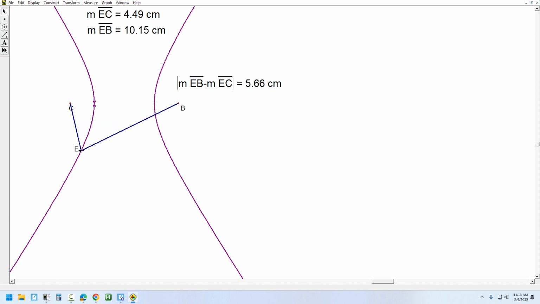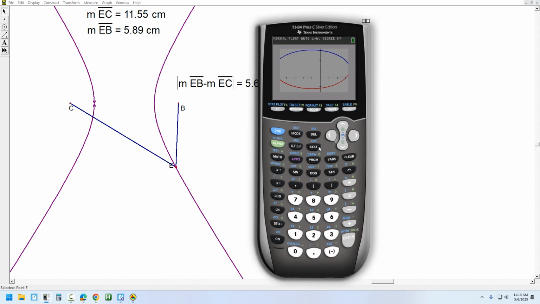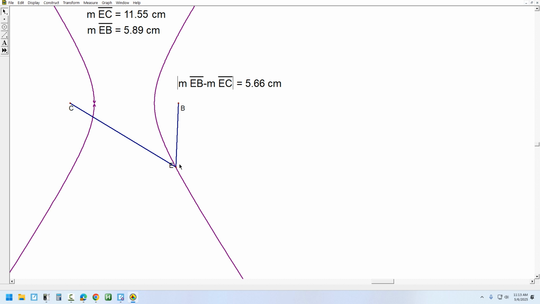No matter where you put that point, the difference between those two numbers is 5.66. And if I move it over to the other side, check it. Take 11.55 and subtract 5.89, and you get 5.66. So the difference is always 5.66.